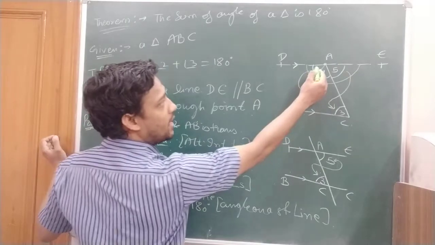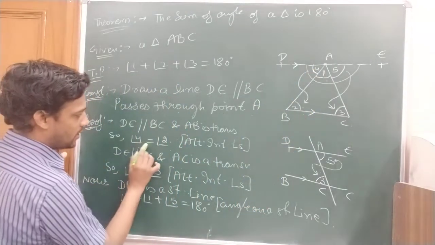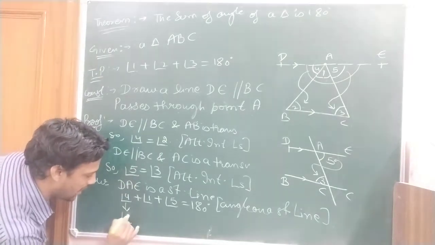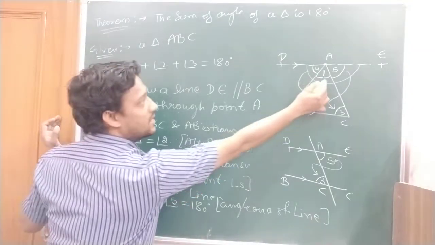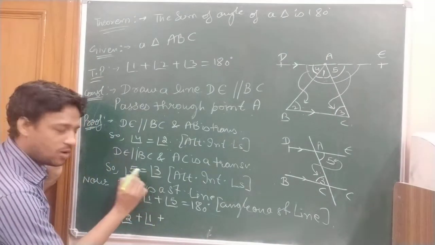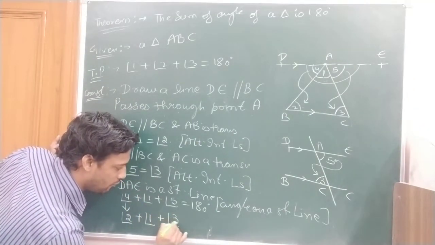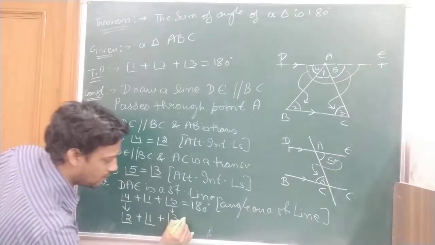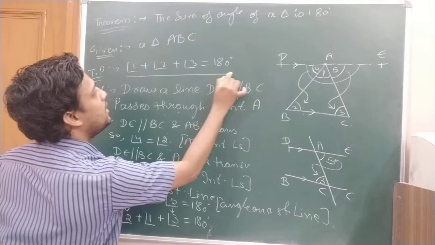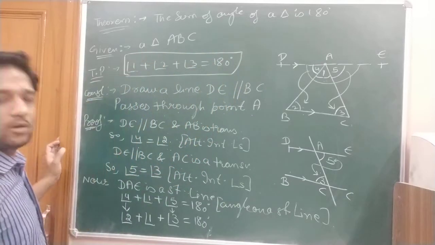What is angle 4? Angle 4 is equal to angle 2, which we have already proved. So instead of angle 4, I can write angle 2. Keep angle 1 as it is. Instead of angle 5, you can write angle 3 because both are equal. So it equals 180. See what you have to prove: angle 1 plus 2 plus 3 equals 180.